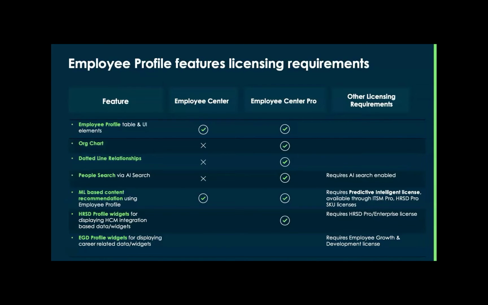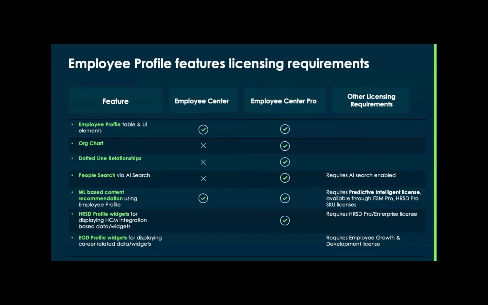While we are still on the topic of licenses, let me deep dive into the employee profile capability and all its related features from a licensing perspective. And this slide could also act as a summary of all the different features that we just spoke about, right?